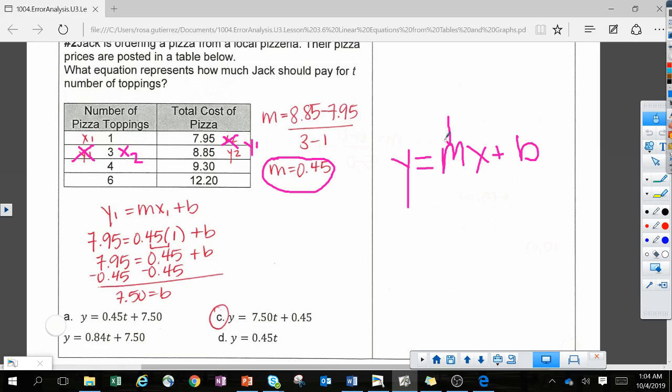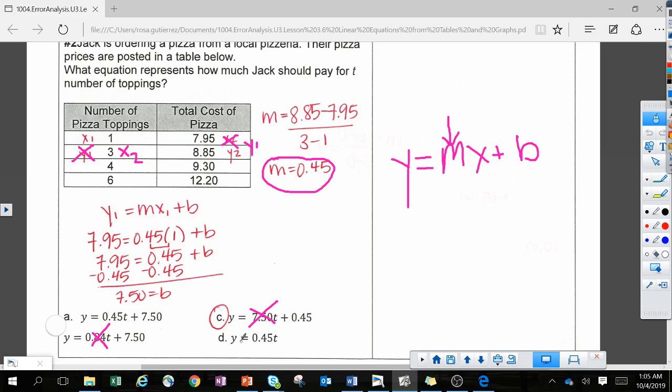If I know that m is 0.45, then I should be able to cross off b, because that says 0.84 times the variable t. Okay, t is like the x here, right, because it's the input. And I would also cross off c, because my slope is what I multiply by the input, whether it be x or t.